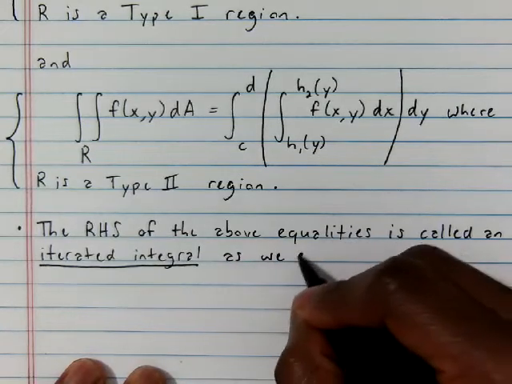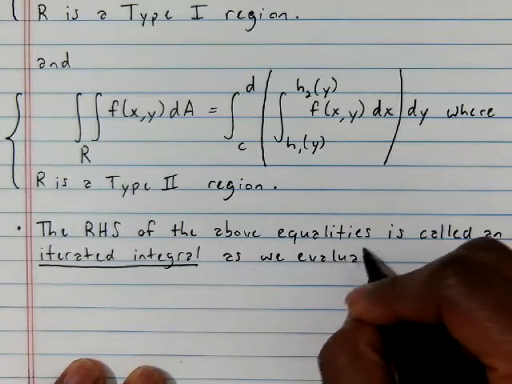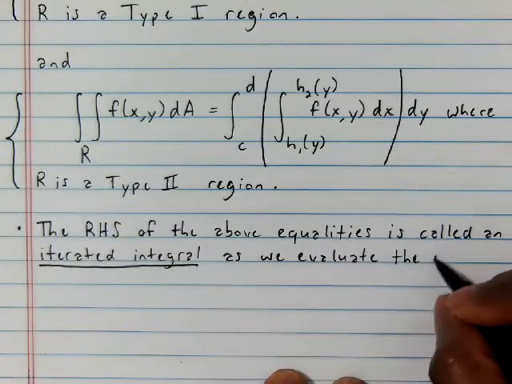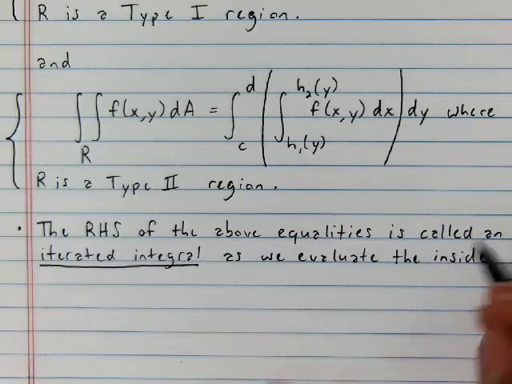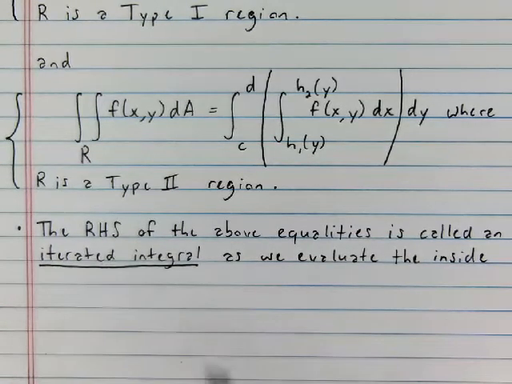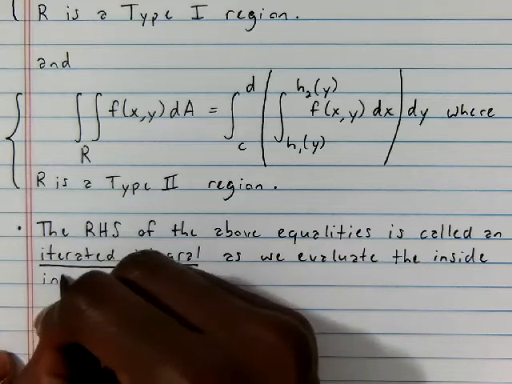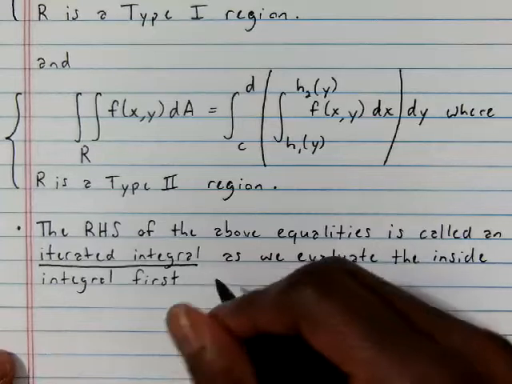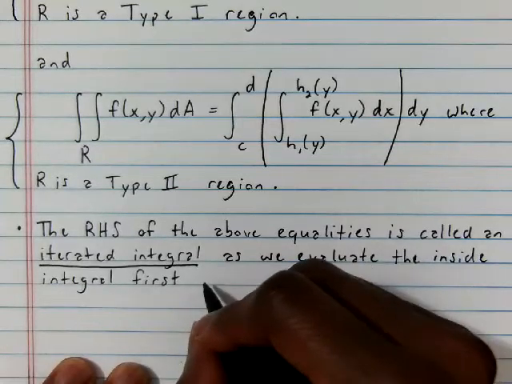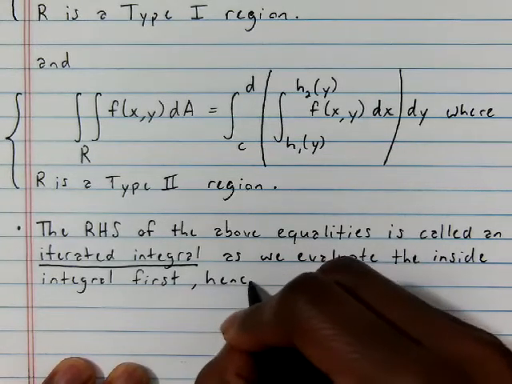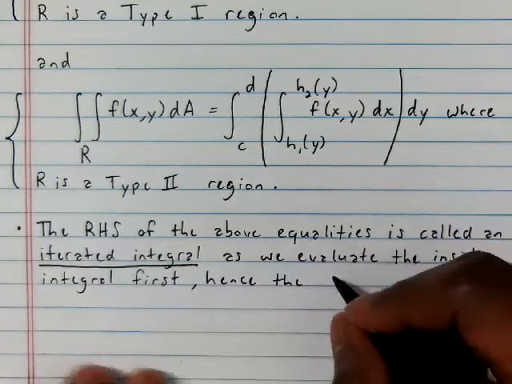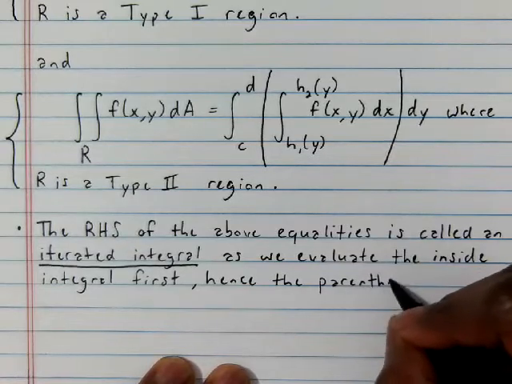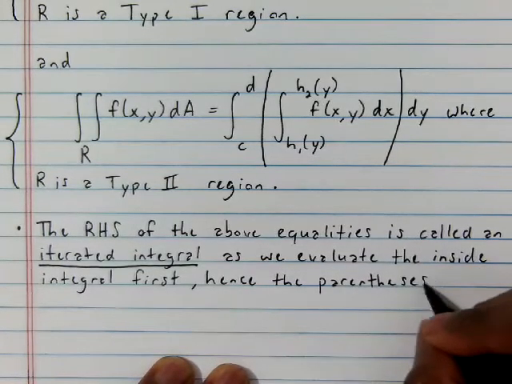As we evaluate the inside integral first. So if we go into iterations, we do the inside integral first, hence the parentheses, and I'm sure I'm spelling parentheses wrong because I always do, but you all can correct it. I don't know why I can't get that right.